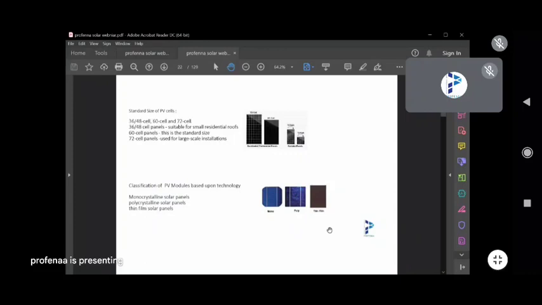Thin film is outdated because it consumes a lot of area. Poly requires 10 square meters for a 1 kilowatt system. Mono is similar, but only 8 to 9 square meters is required. Efficiency for mono is higher, like 18%, poly is 16%, thin film 6 to 7%. So thin film is outdated. Now we are using only poly and mono.